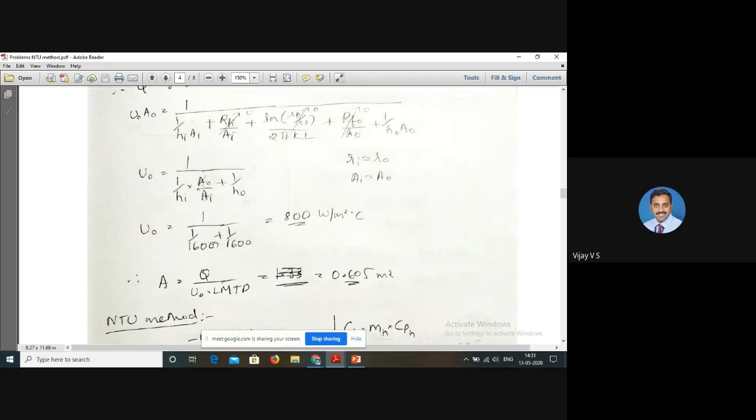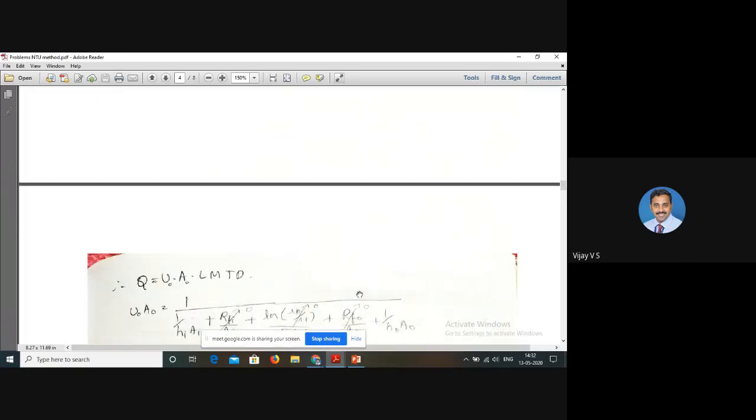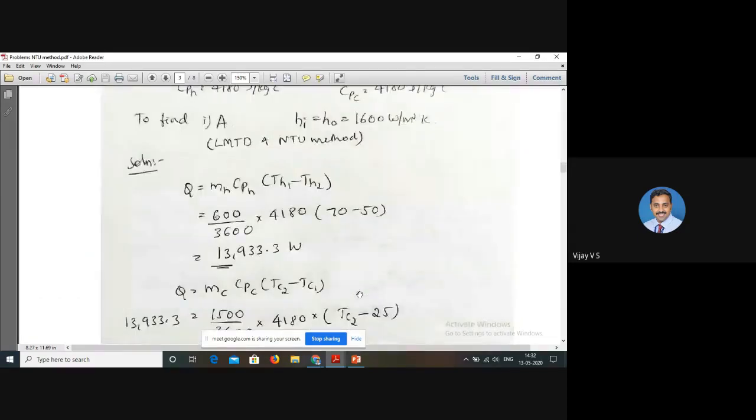I know both Hi and H naught, they are the same. So the overall heat transfer coefficient is 800 watt per meter square degree centigrade. So I know U, I know LMTD, I know Q. So the area I get is 0.605 meter square. Any doubt till here, LMTD method?